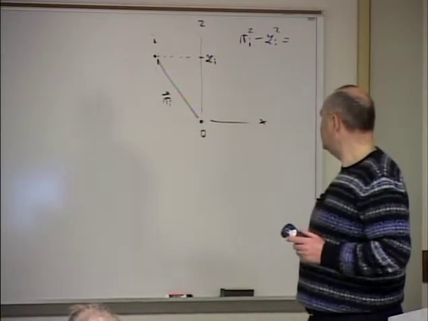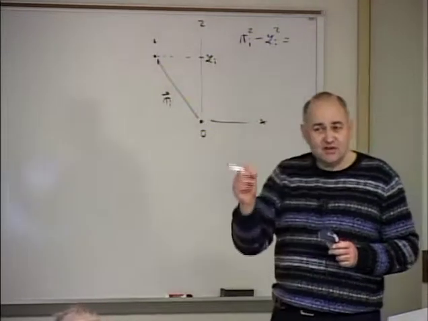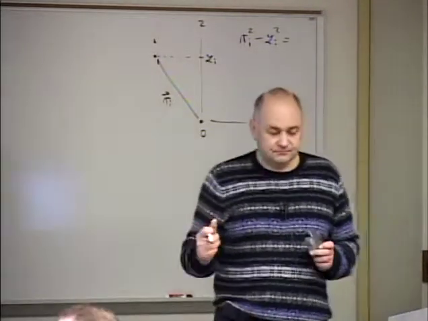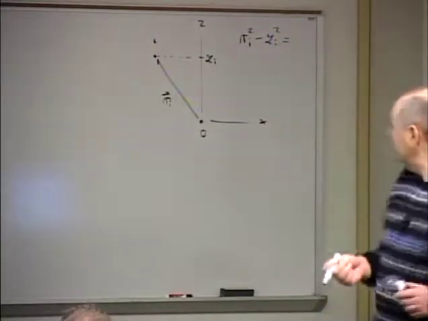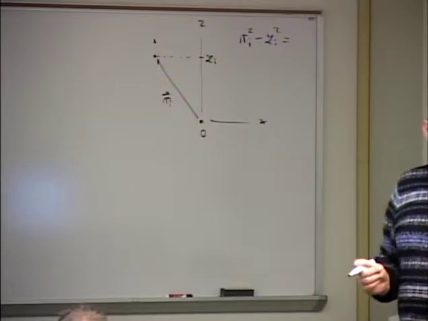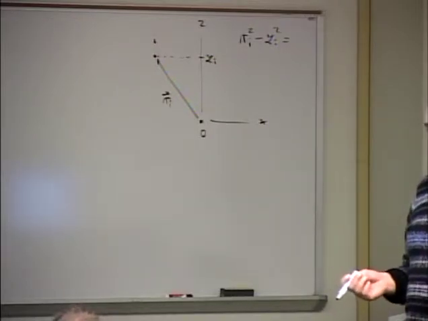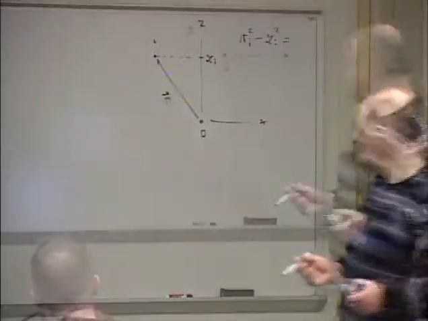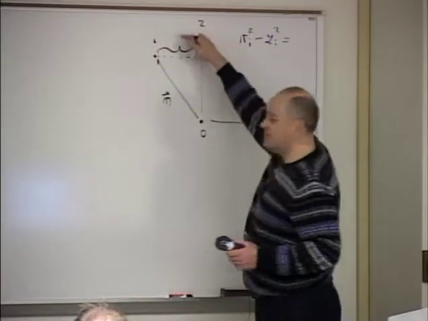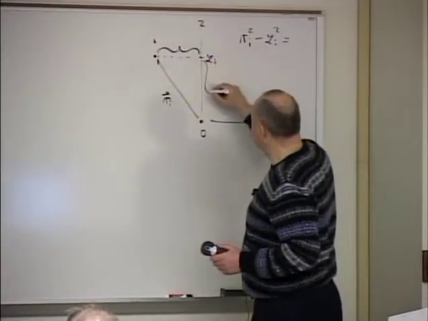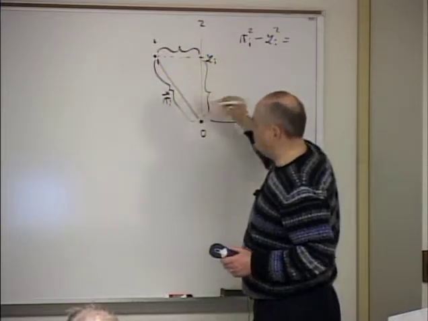It's not the y component squared, but you are on the right track. JD recognized that this is a right triangle, so the sides and the hypotenuse satisfy the Pythagorean theorem, which means that the square of this distance plus the square of this distance should give us the square of this distance.